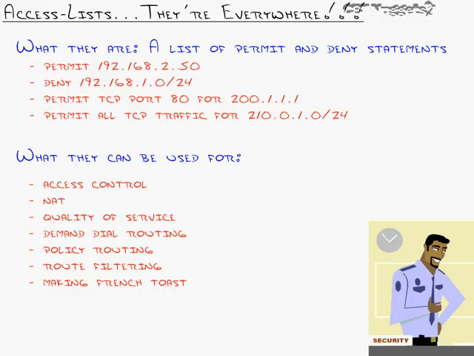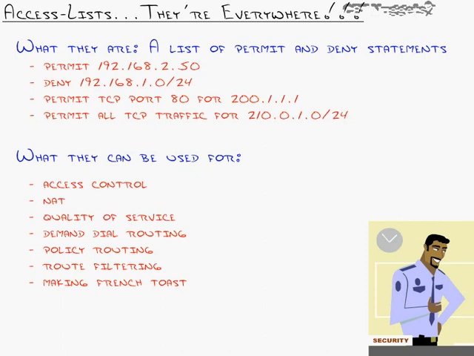Identify traffic to be allowed or permitted or denied. Now, I know, even using that terminology, you're thinking, okay, permitted or denied to get out of the network or come into the network. You're thinking firewall. That's what I think when I think of it. And you can see right here what they are: a list of permit or deny statements. Permit 192.168.2.50, that host.